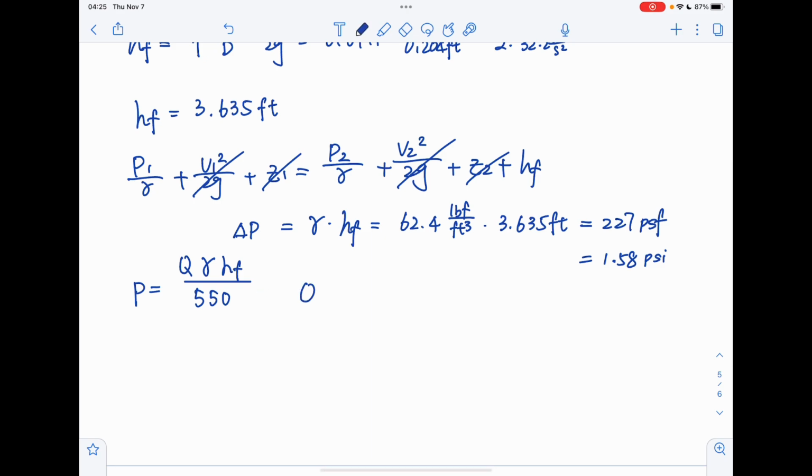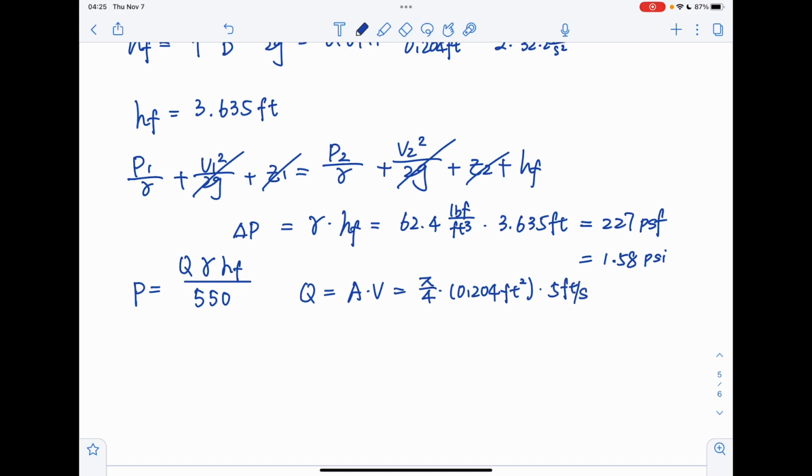Q. So Q equals A times V. A equals pi over 4 times the diameter, which is 0.24 feet, squared, times the velocity, which is 5 feet per second.